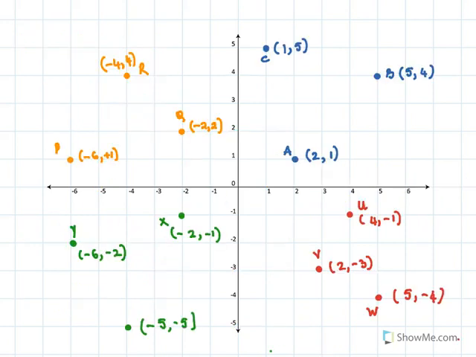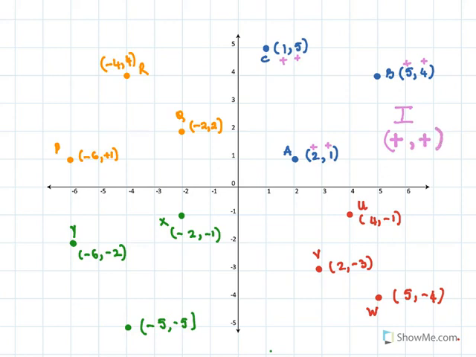Let's observe all the points in the first quadrant. Look at A. The x is positive, the y is positive. In B also, x positive, y positive. C also, x positive, y positive. So all the points in the first quadrant are (positive, positive).